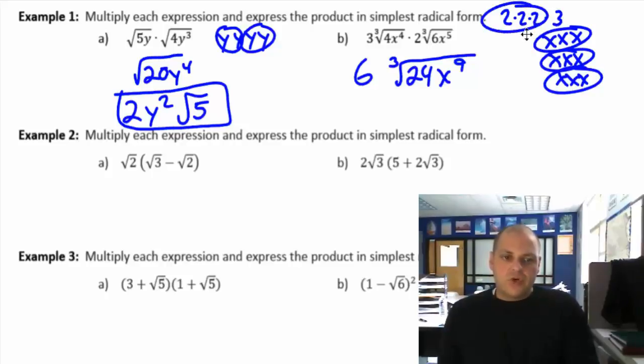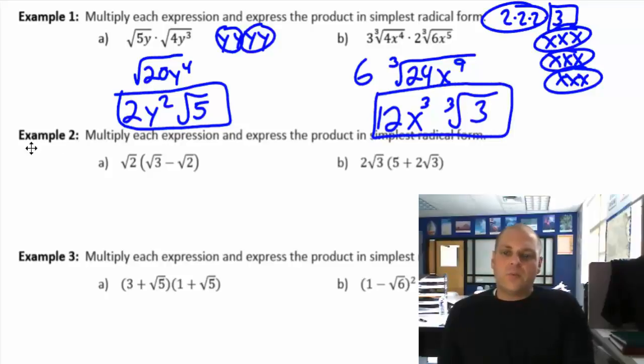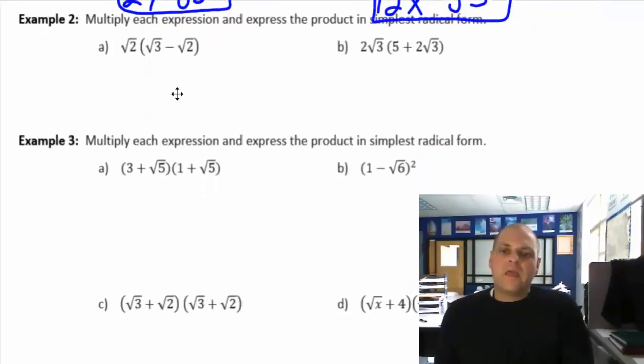So I have a 2 times a 6, I have 12. I have 3 x's, so x to the third. That's all coming out, and I have a leftover cubic root of 3. So 12 x to the third, leftover cubic root of 3.